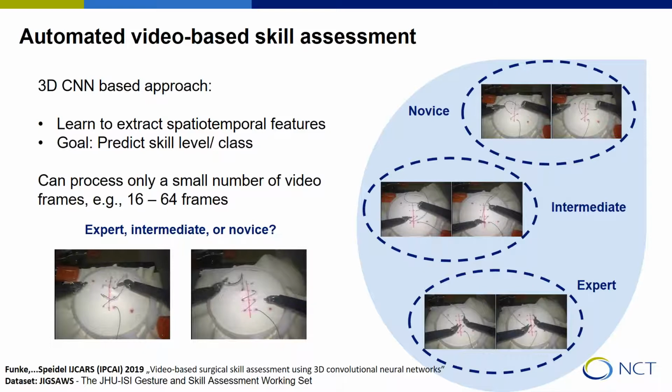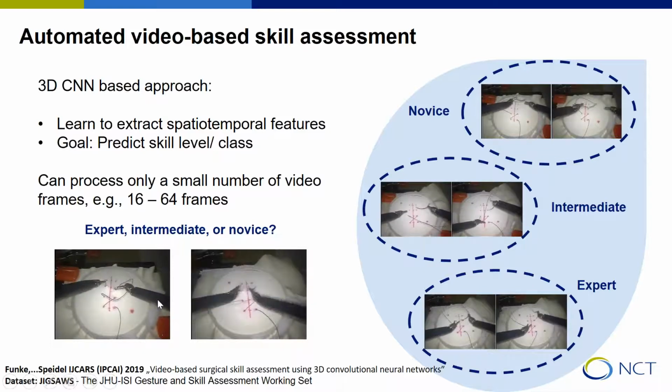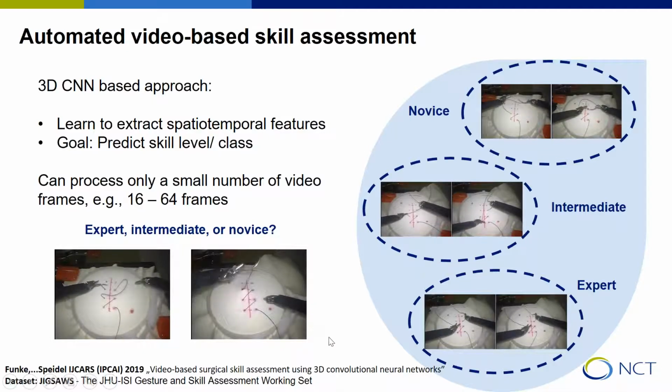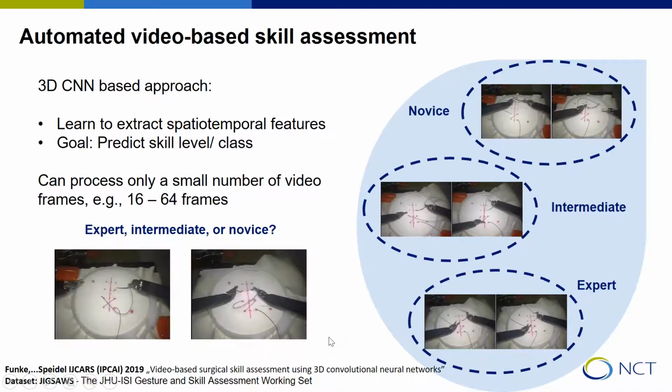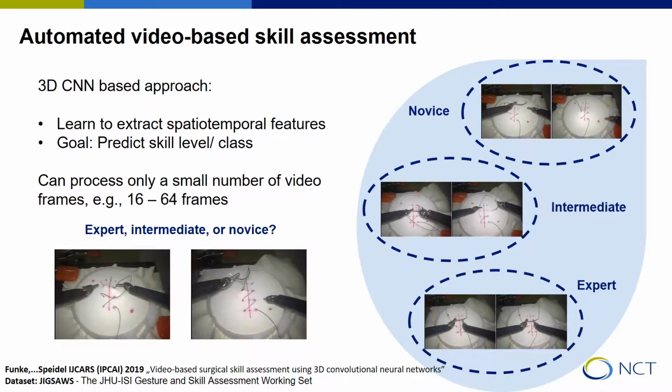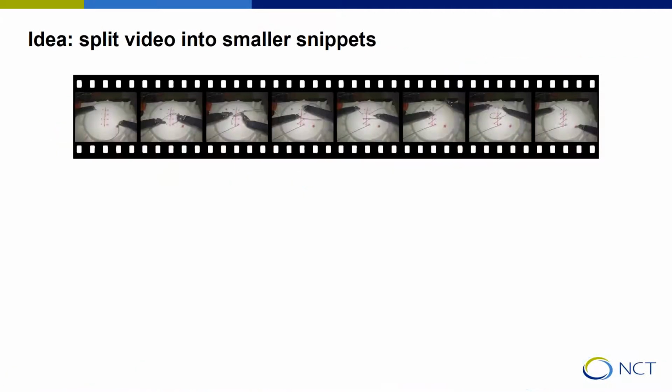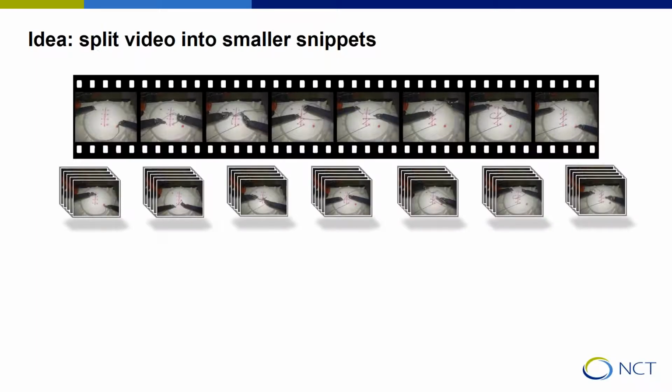As you can see here in the example, the task is to predict, is this an expert, intermediate, or novice performing this. So our idea was to split the video into smaller snippets and then to classify each snippet individually.